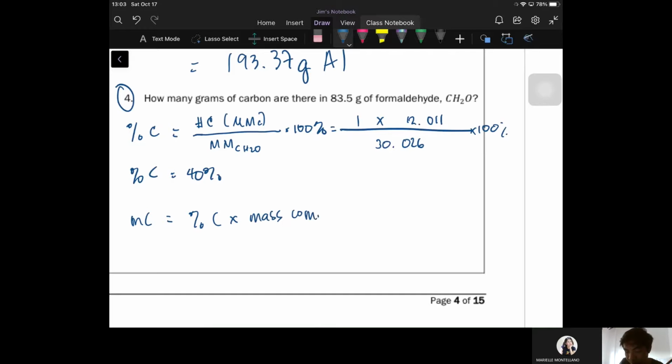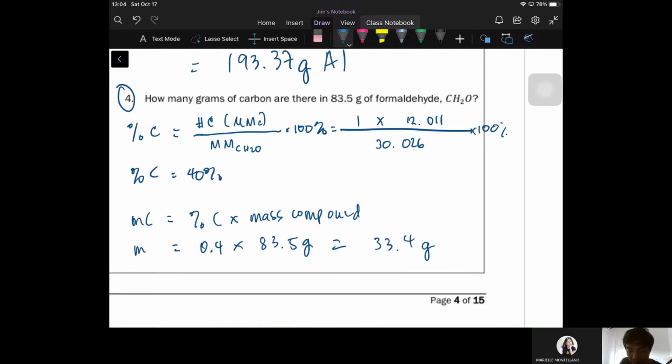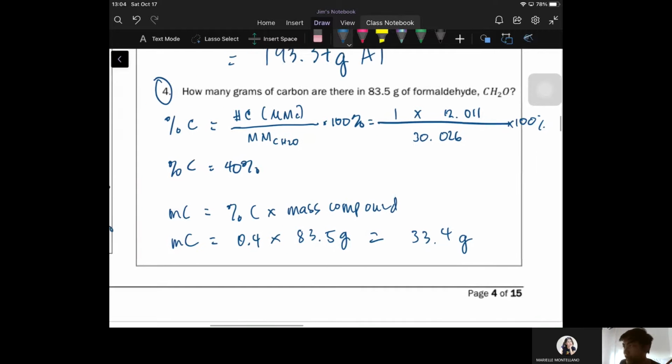So that's 0.4, gawin na nating decimal, times 83.5 grams, giving you 33.4 grams. Okay? So, ganun lang yung answer dyan sa 4.